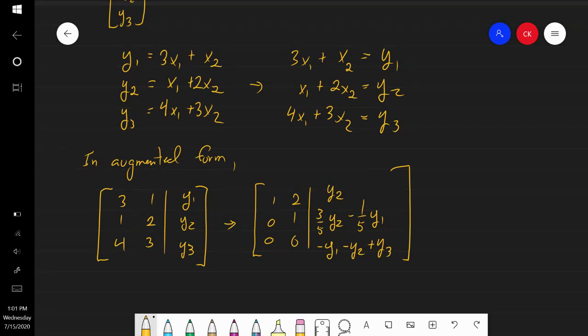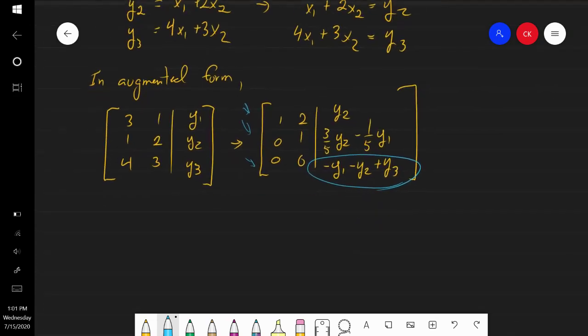We have consistent relationships in row 1 and row 2, but in row 3, the only way that we get a consistent relationship here is if this particular expression is equal to 0. So that becomes our condition that we apply to finish solving out the problem.